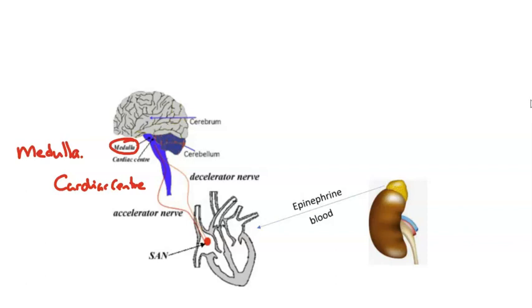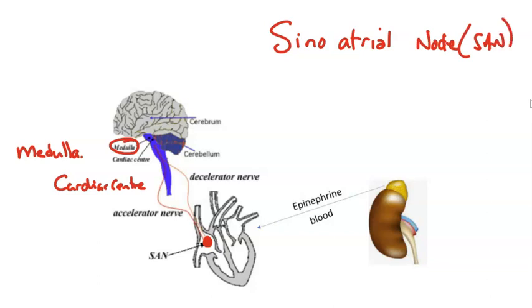The target of those nerves is this structure here in the right atrium, called the sinoatrial node, or SAN for short. The sinoatrial node has some very specialized features.